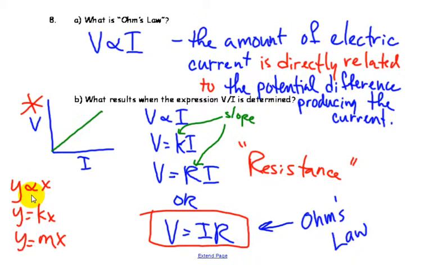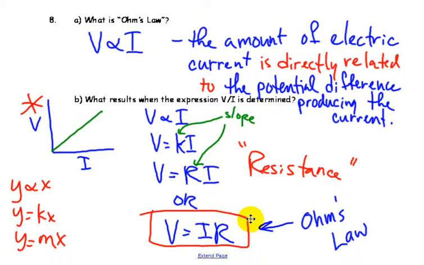To change it to an equation, it's y equals some constant times x. And of course in math class, that constant is the slope of that line. So y equals mx, and then plus b if it's not going through 0, 0. Well, similarly here, with voltage and current, voltage is directly related to I. To change it to an equation, we introduce a constant, V is equal to K times I. And that K is the slope of this graph, and that is actually resistance.